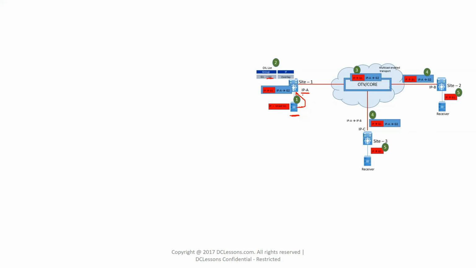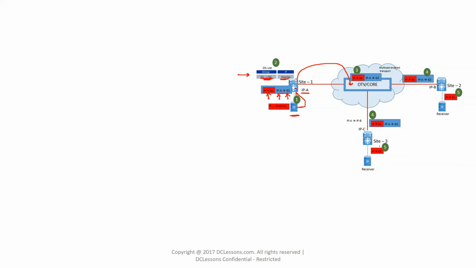So once the stream reaches here, it will look up the OIL list. It will say that, okay, I have a mapping and I have to send the traffic to the overlay because I have an interested receiver at site 2. It will encapsulate this multicast stream in the OTV header, with a source IP of IPA and multicast destination IP G2, and that will be sent to the multicast transport.